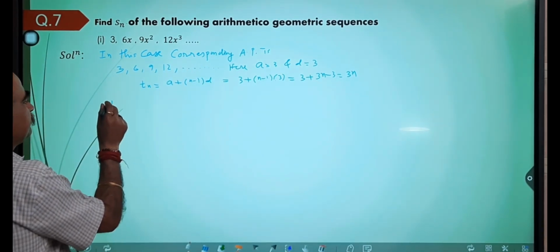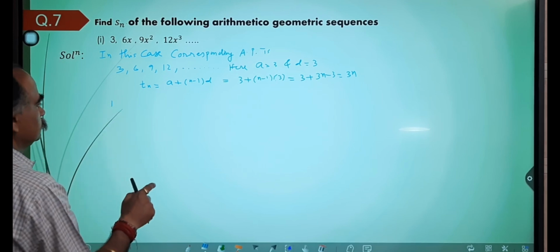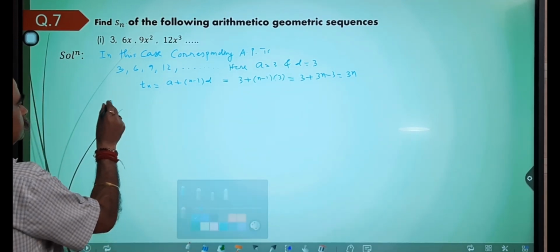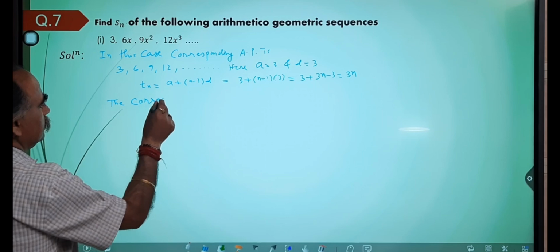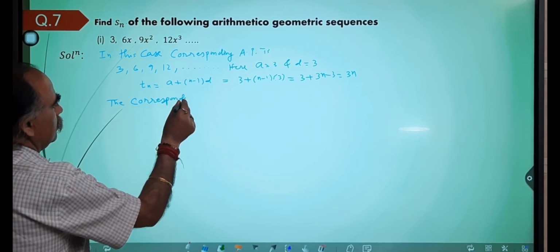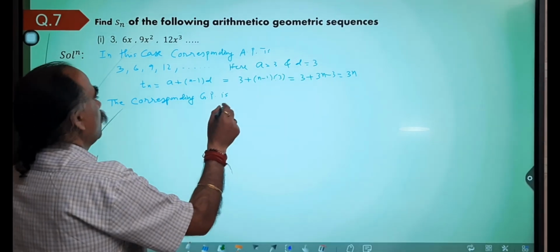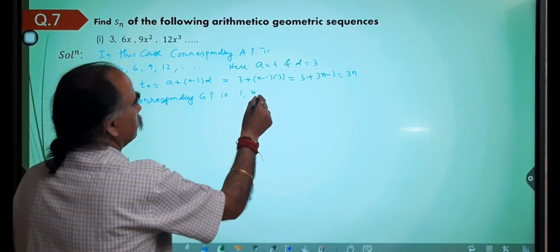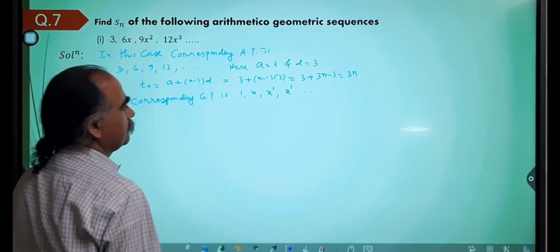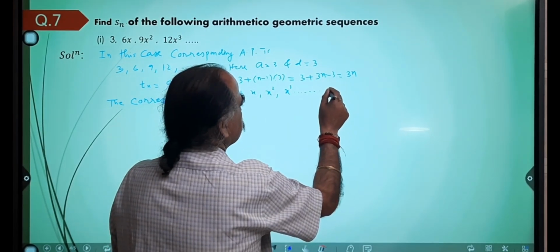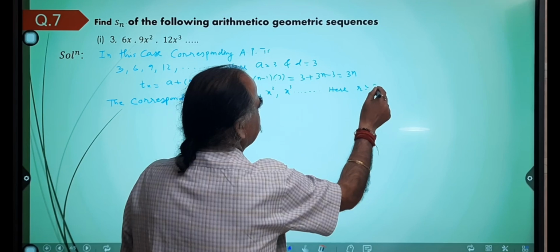The corresponding GP is 1, x, x square, x cube and so on. Here common ratio R is x.